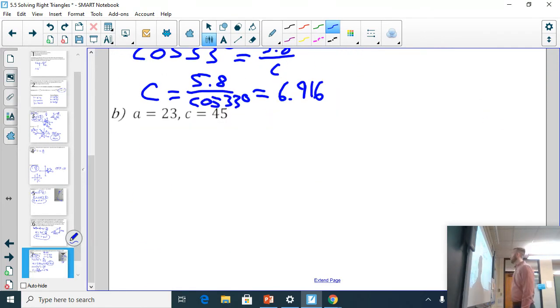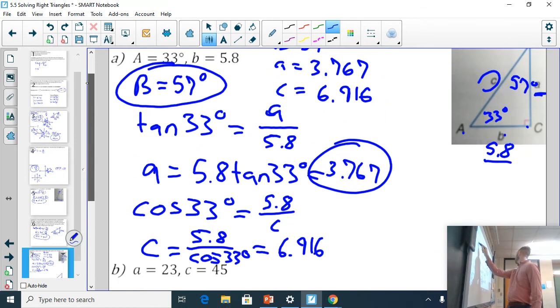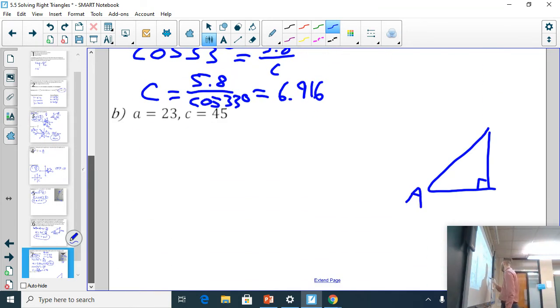And now it wants us to do it again. So we had our triangle here, and where did the order go? A, B, C, and then that would be B, this would be C, and this would be A. Gives us that A is 23, and C equals 45.